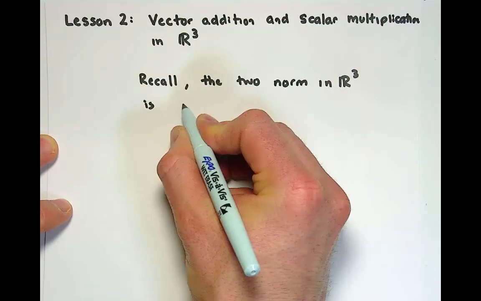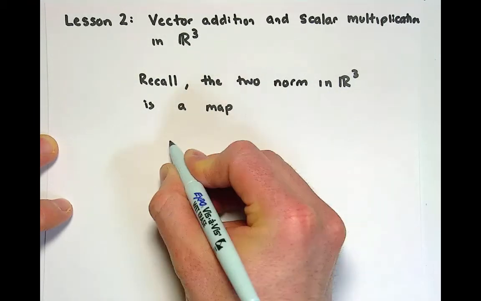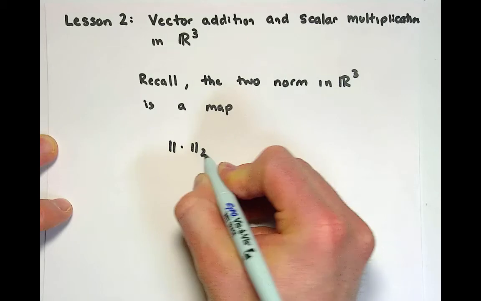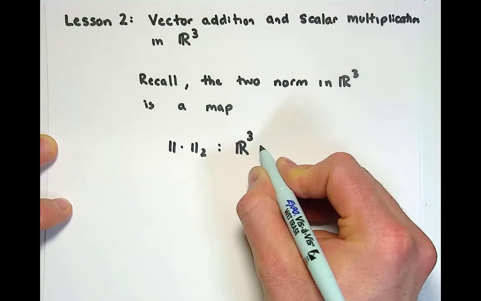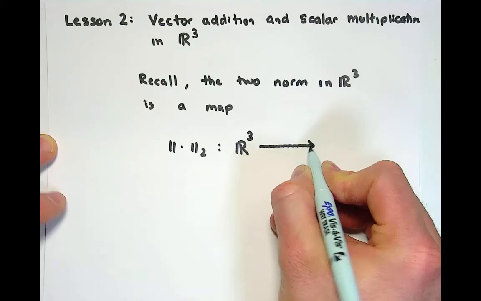Which is a map between vectors in R3. It is a unary operation.